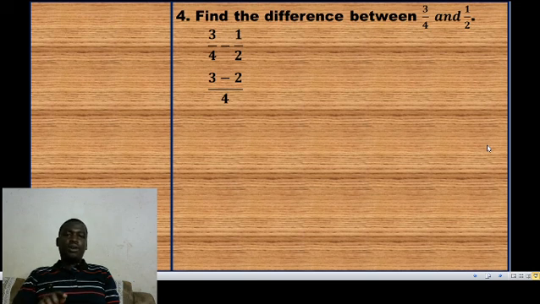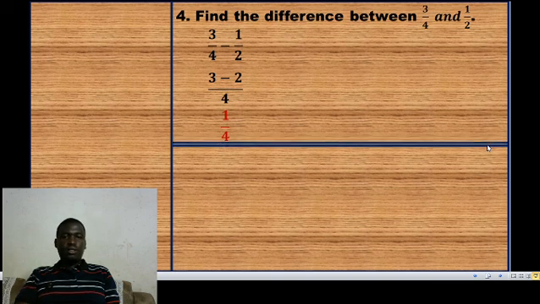When we multiply 1 by 3, we get 3. Then 4 divided by 2 gives 2. When we multiply 2 by 1, we get 2. So we have 3 minus 2 out of 4. What is 3 minus 2? The final answer is 1 out of 4. Then we need to underline our work clearly.